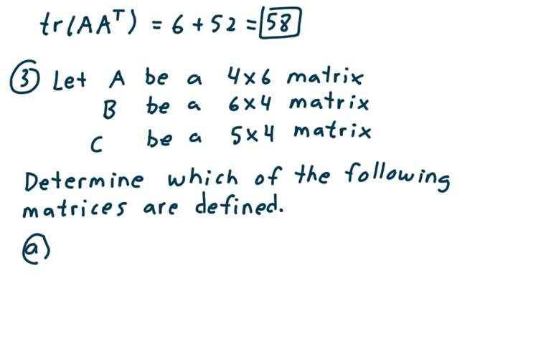So suppose I give you the transpose of A transpose times C transpose, and then we're going to take the transpose of that. Now, let's start with the stuff in parentheses.